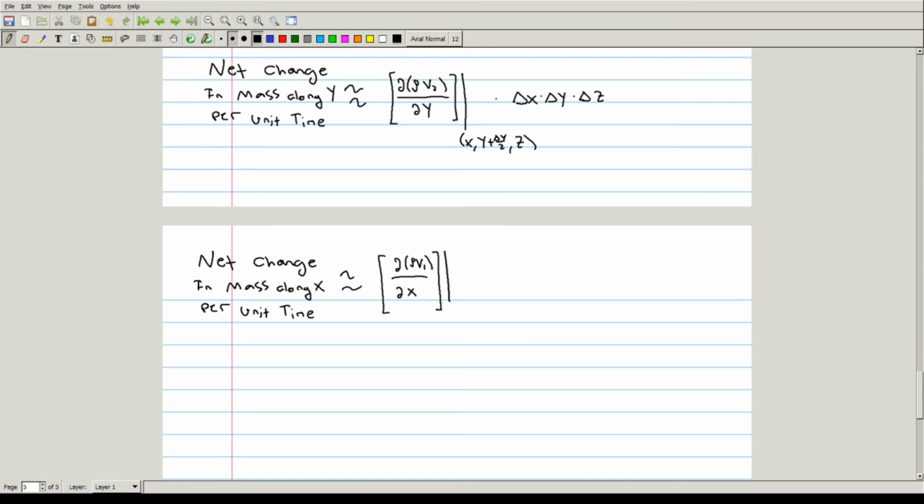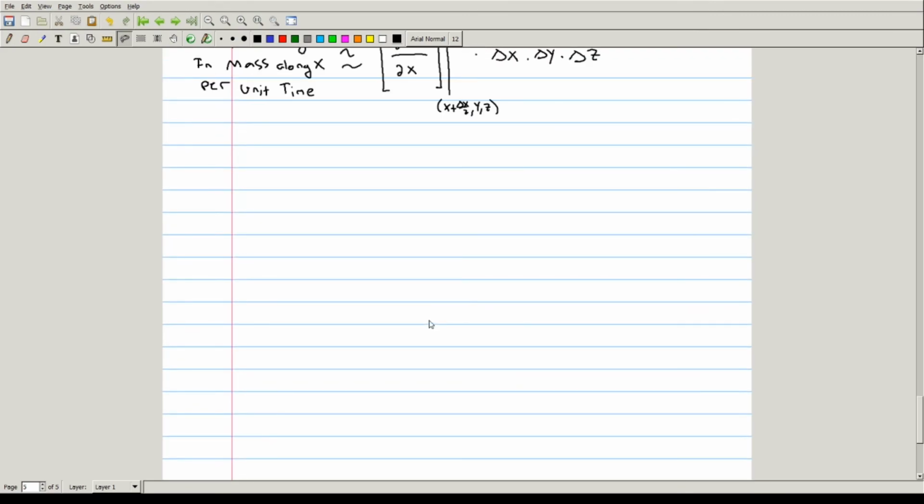And this is going to be at the point x plus delta x over 2, y, z times delta x, delta y, and delta z. And you have a similar equation for z.